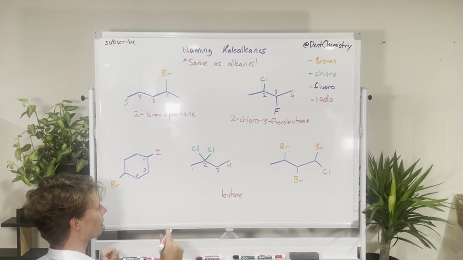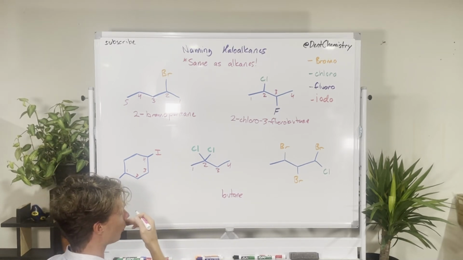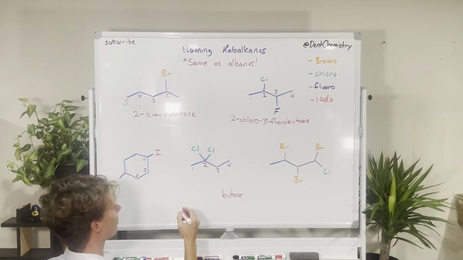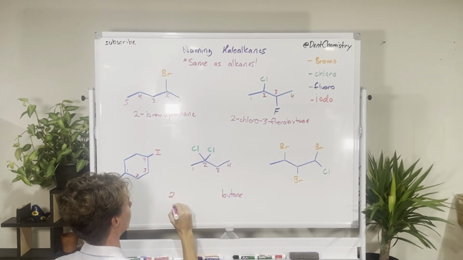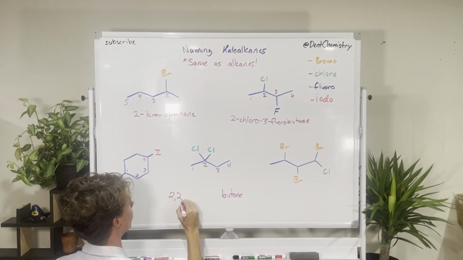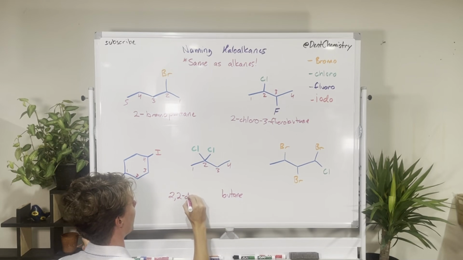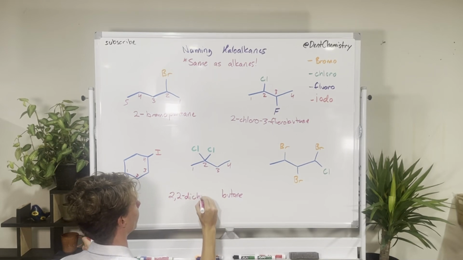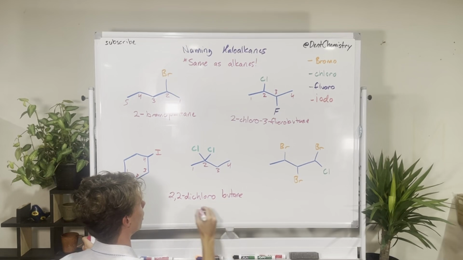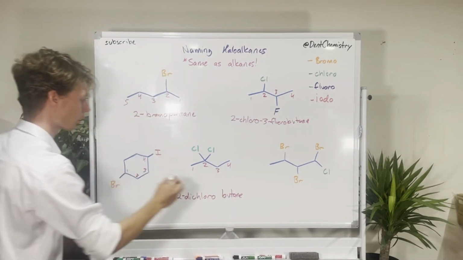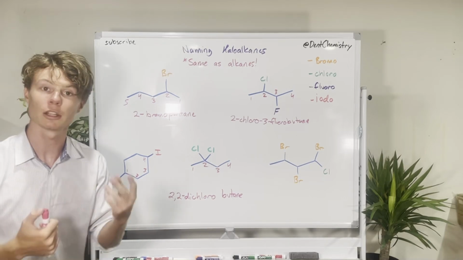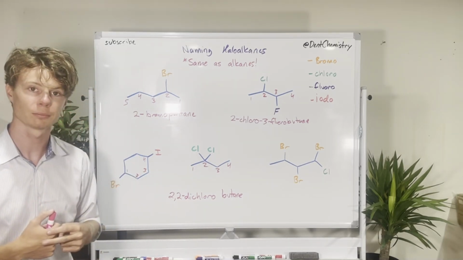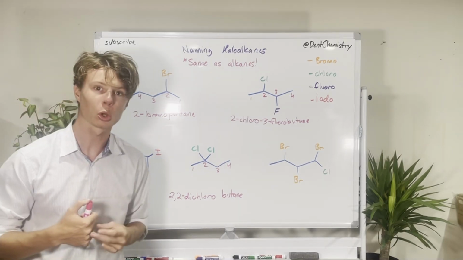Here's something to keep in mind when you have multiple substituents on the same number. How I'm going to do this is I'm going to say 2, comma, 2, dichloro. So 2,2-dichlorobutane. Dichloro, di meaning there are 2 chlorines. Where are those 2 chlorines located?